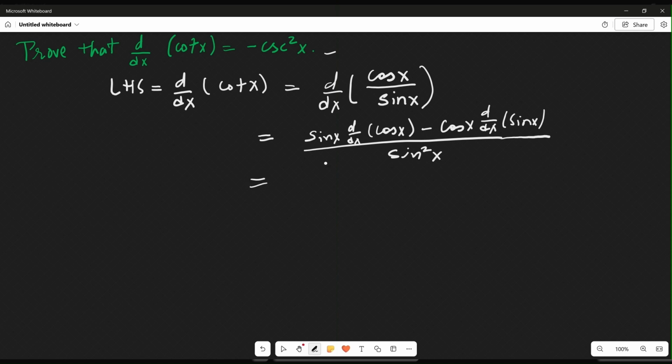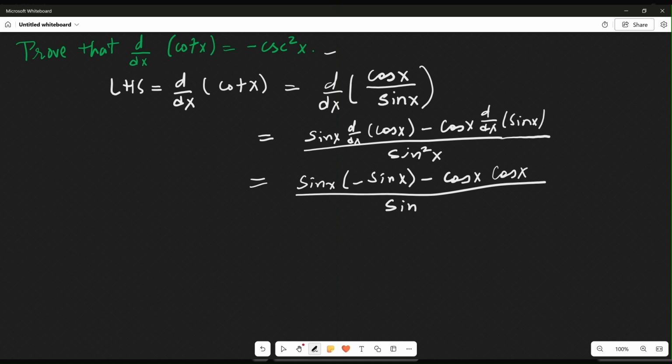The derivative of cosine x is negative sin x, and the derivative of sin x is cosine x. So we get sin x times negative sin x, minus cosine x times cosine x, divided by sin square x. Multiplied out, that is negative sin square x, negative cosine square x.